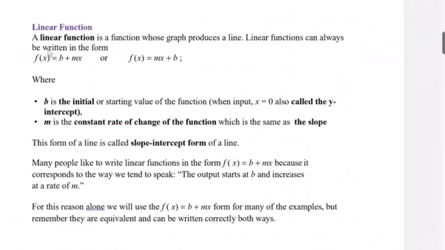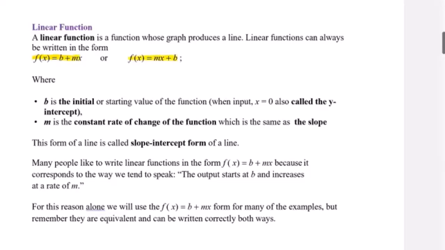So we'll talk about linear functions. A linear function is a function whose graph produces a line. We just saw that, and we also saw that that is our linear function, and it can always be written in one of these two forms.